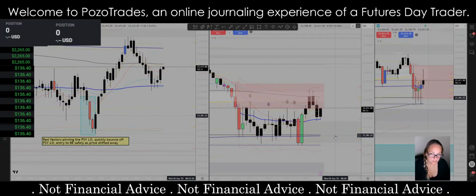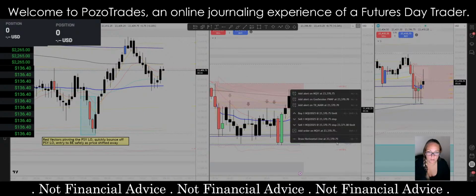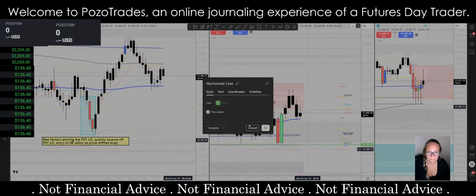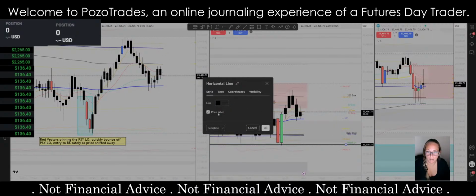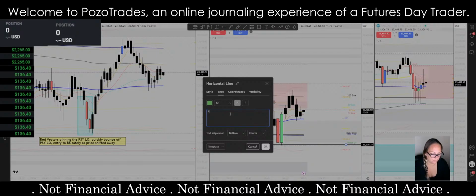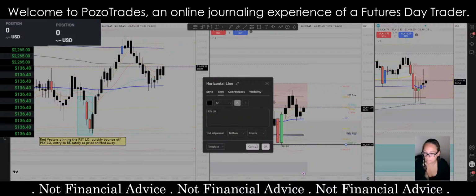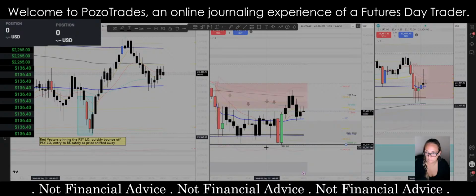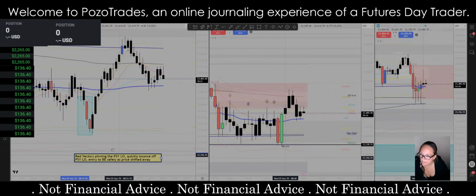I hate how the silo does not show up on the 15-second chart. So I'm going to draw a line. We'll make it black. Text label: Silo. What?